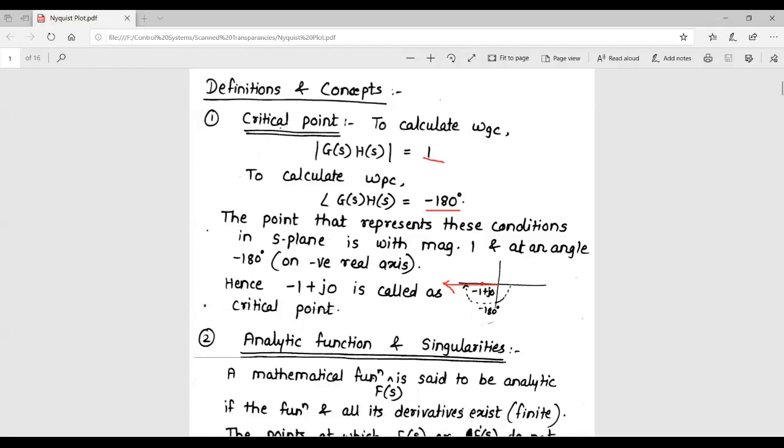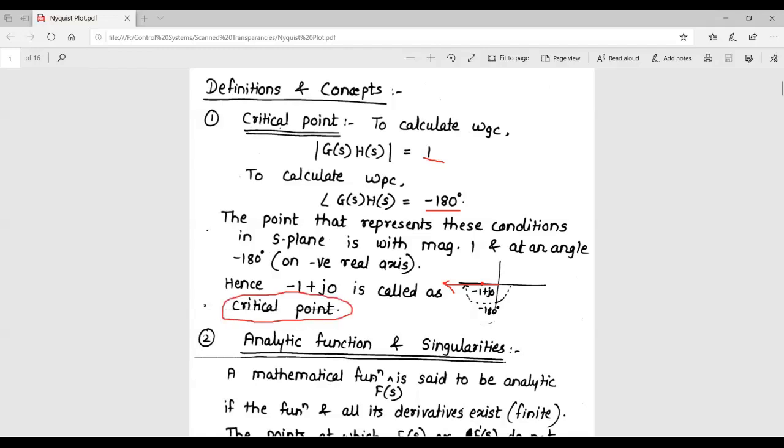Because the point lies on the real axis only. The point should lie on the negative real axis because the angle condition should be satisfied, that is minus 180 degrees, and the magnitude has to be 1. So on the negative real axis, there is only one point which satisfies this condition, that is minus 1 plus J0. So this point is known as the critical point.